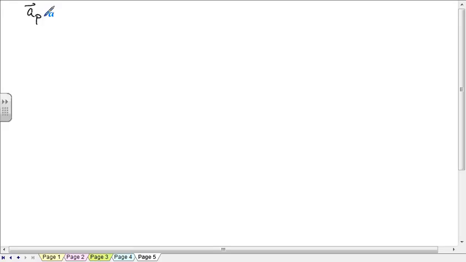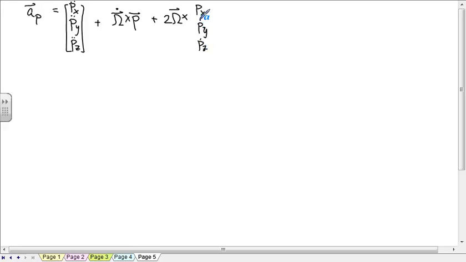So the acceleration of that P is equal to its components double dot plus omega dot cross P plus 2 omega cross components dot plus omega cross quantity omega cross P. And so we've already calculated all these.